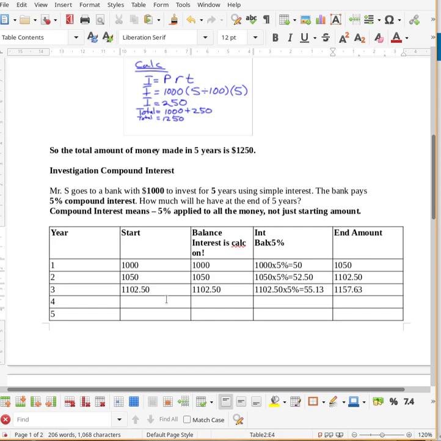$1,157.63. So the next calculation, you're going to start with $1,157.63. So now we're going to start with that money as the balance we're calculating our interest on.